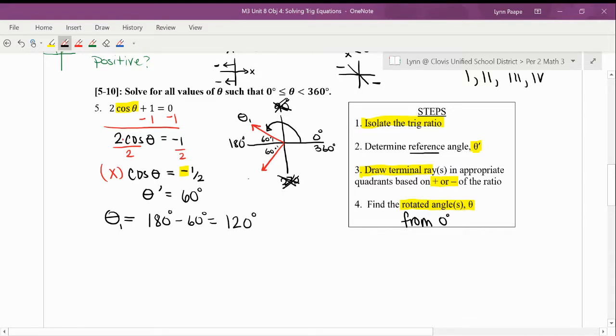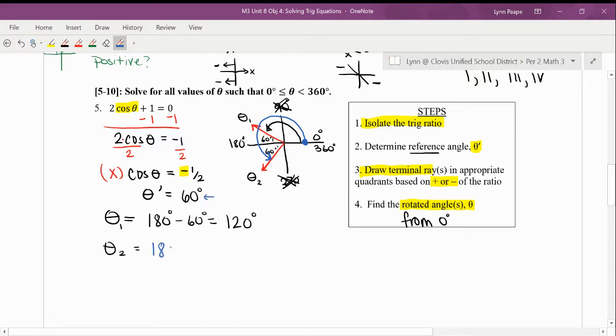And now let's find my second angle. So I'm going to use a 2 down here for my second angle. For the second one, from 0 degrees, so here's 0 degrees, I rotated past the 180 and got to here, right? Past the 180, and I'm always going to go either before or after the x-axis by the 60 degrees because that's my reference angle.